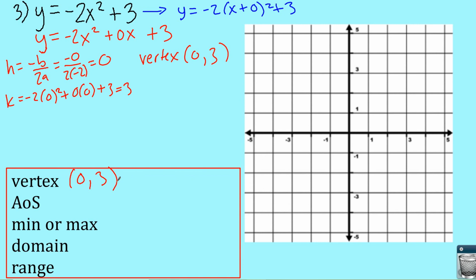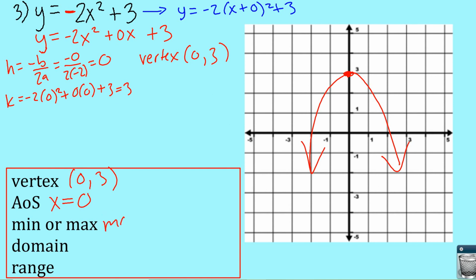Let's see, it didn't say to sketch it. Remember, these are the things I'm looking for. So I like to just get a visual. So if we're at 0, comma 3, well then notice it's a negative a value. So I know that's going to go down. So my axis of symmetry is x equals 0.